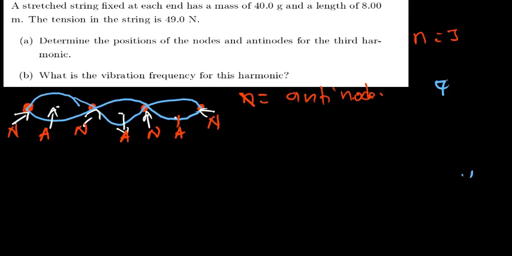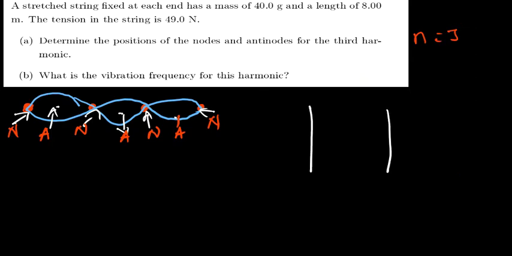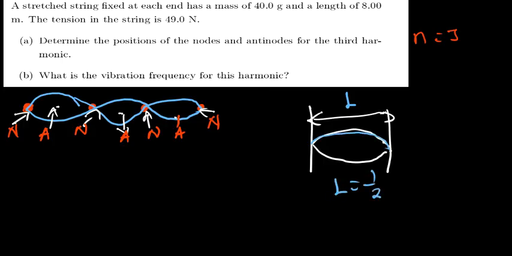Now, after coming up with this, one thing we have to understand is that if I've got one loop here, and this is the length. Standing wave is called standing wave because the length doesn't change. In this case, I can clearly see that this is just a half wavelength, meaning that L is equal to half wavelength.